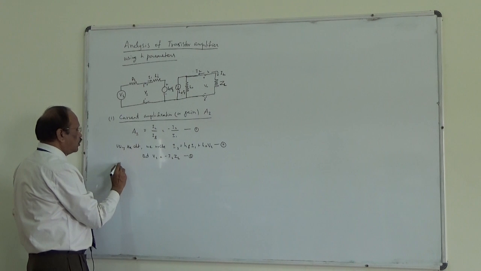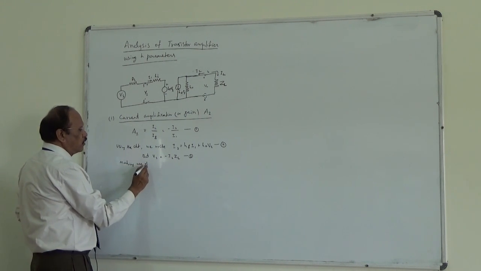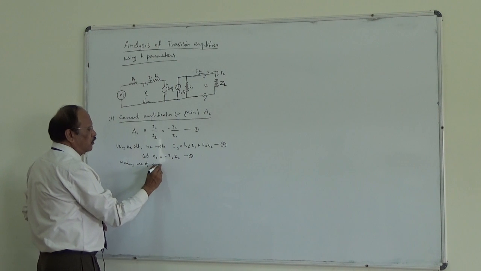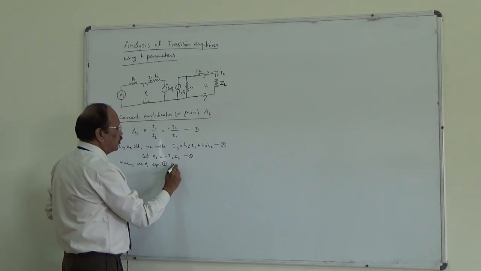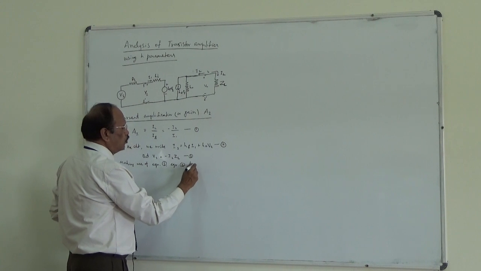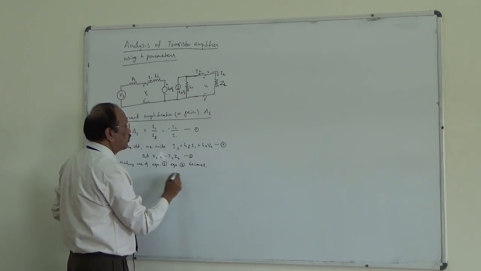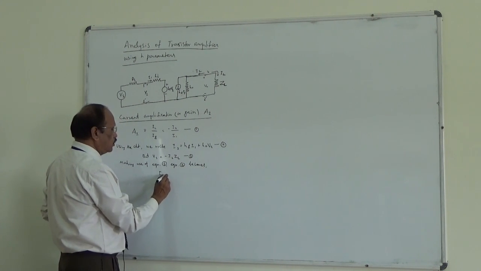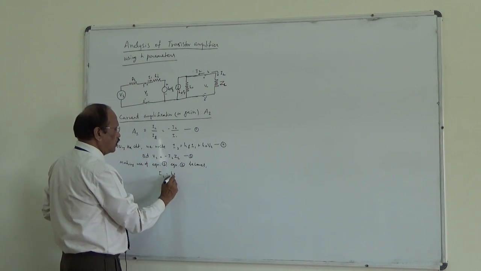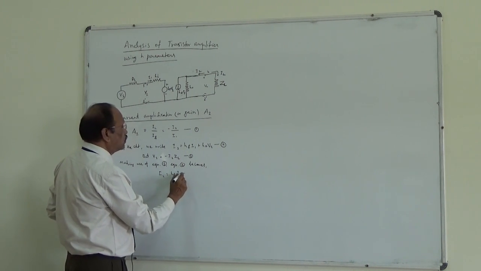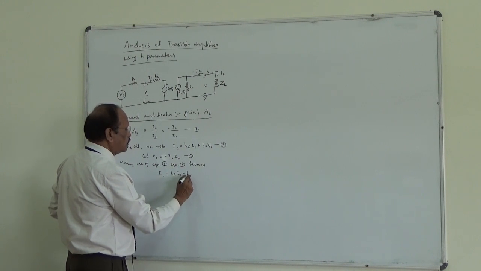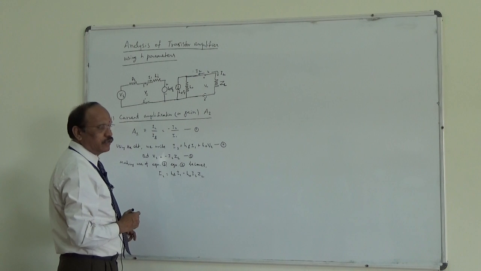So making use of equation 3, equation 2 becomes I2 is equal to HF I1 minus H0 into I2 into ZL.